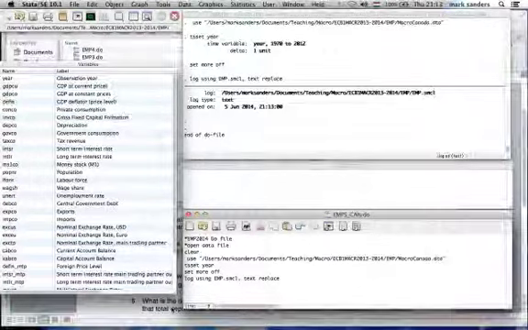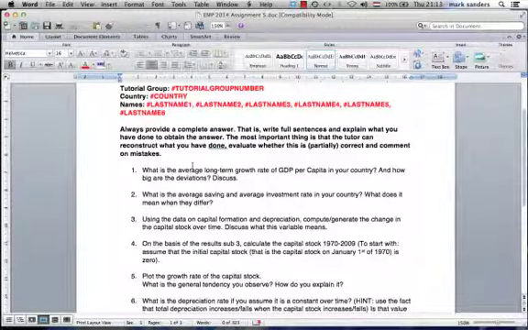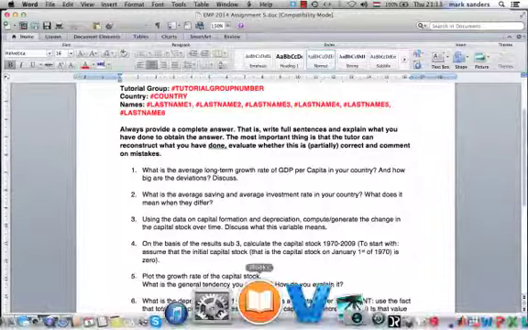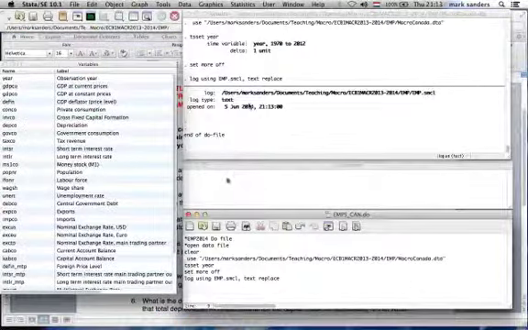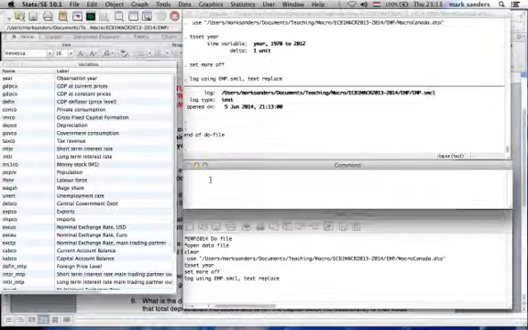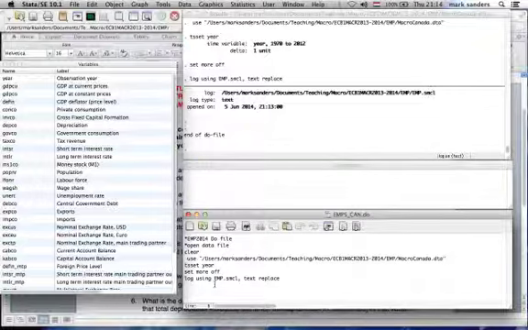And then the first thing I need to do is calculate the average long-term growth rate of GDP per capita in my country and look at the deviations and discuss that. So I need to generate the GDP per capita and the GDP per capita growth. Might as well do it directly in the do file.